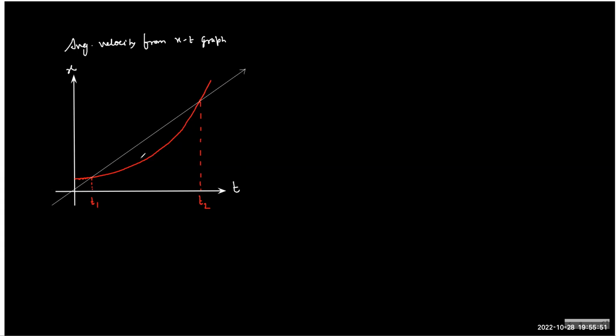If someone is asking you to find the average from T1 to T2, what you need to do is just join the coordinate at T1 and the coordinate at T2.